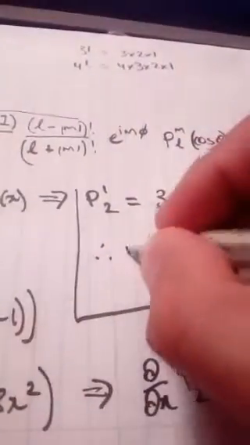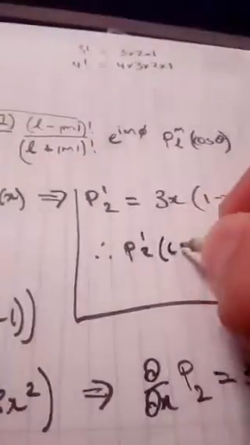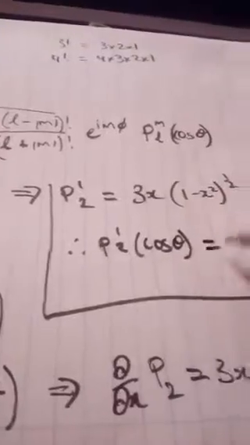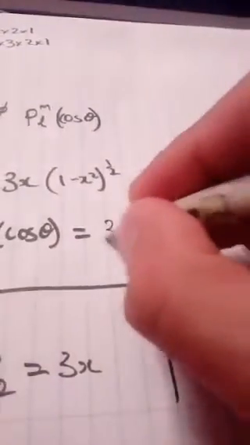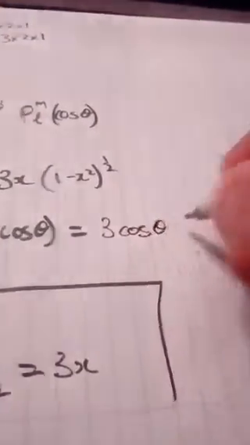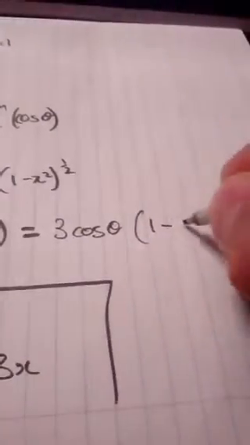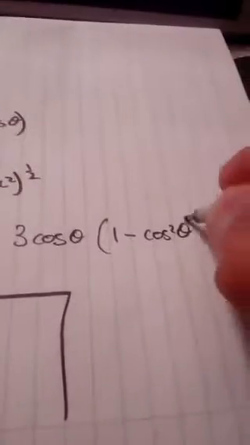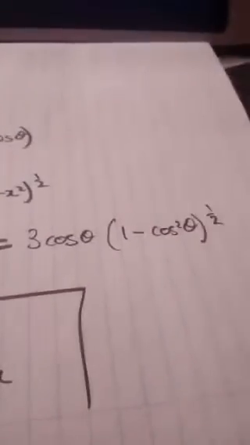So therefore, P12 of cos theta equals 3 cos theta (1 minus cos squared theta), because we're just putting it in here, to the power of a half. Let's have a look at this. What's 1 minus cos squared theta?